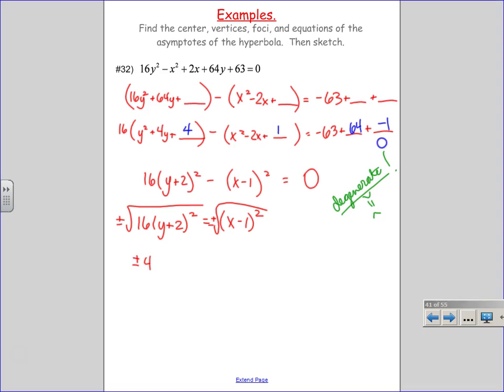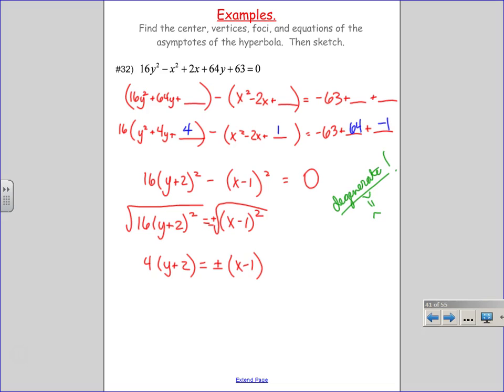Wouldn't this be plus or minus 4 times y plus 2 equals plus or minus? Technically, we only need a plus or minus on one side. You could go through and do a positive divided by a positive, a negative divided by a negative, a positive divided by a negative, and a negative divided by a positive. You just end up with a plus minus.